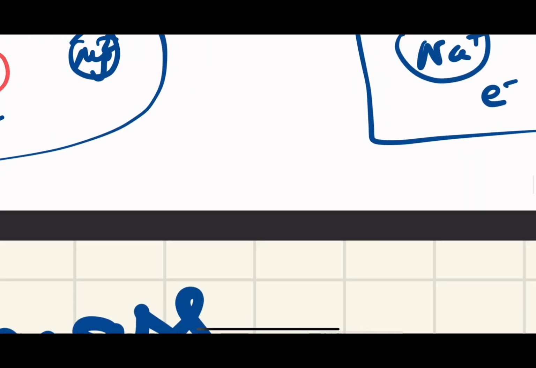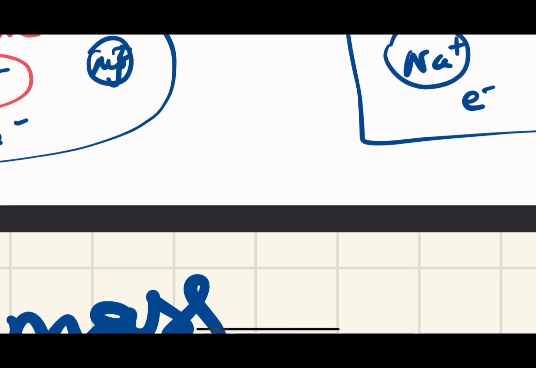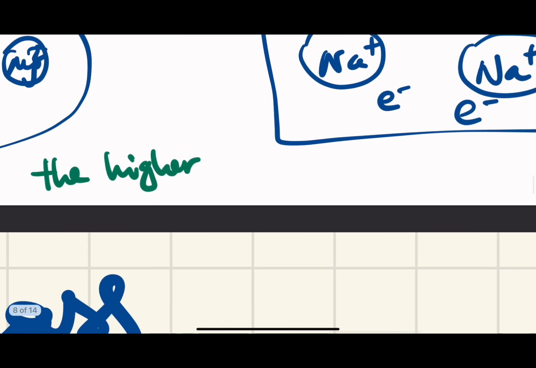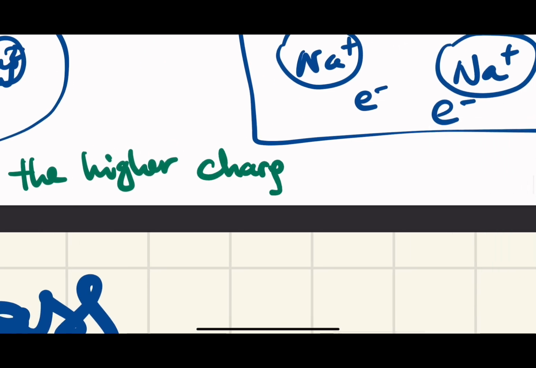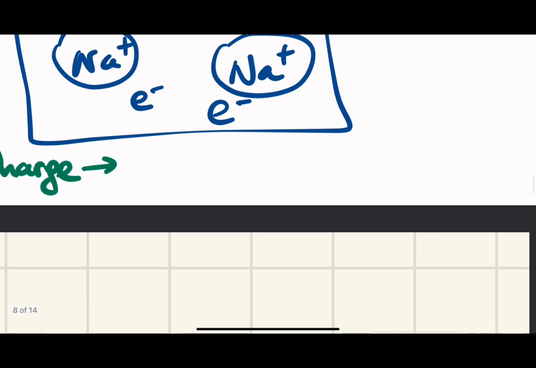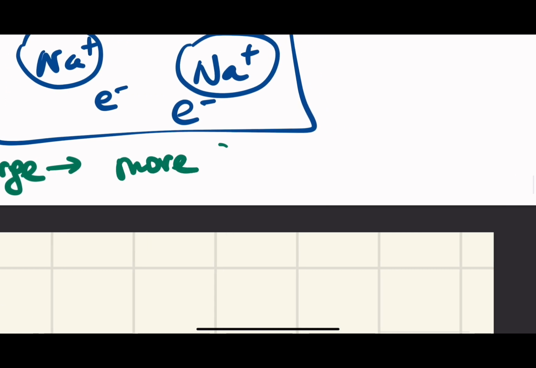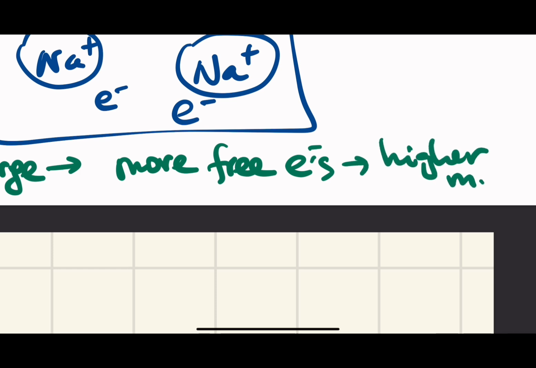So the higher the charge, it means more free electrons. That's why a higher melting point.